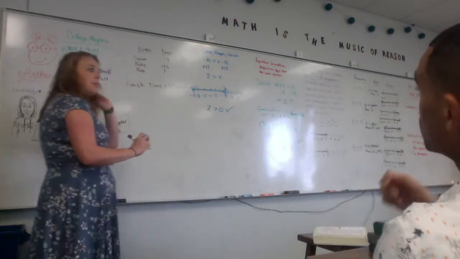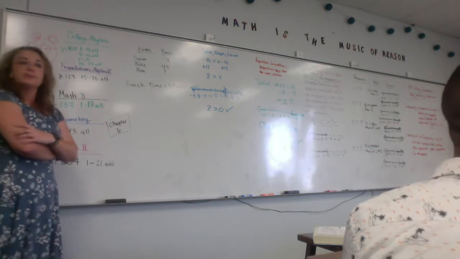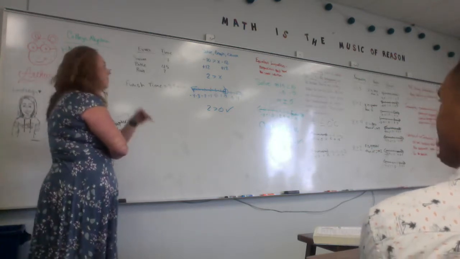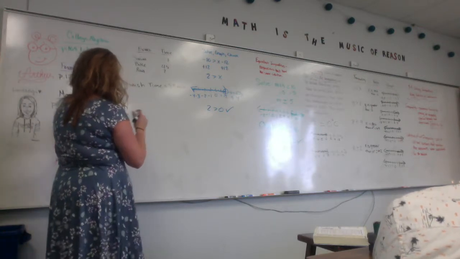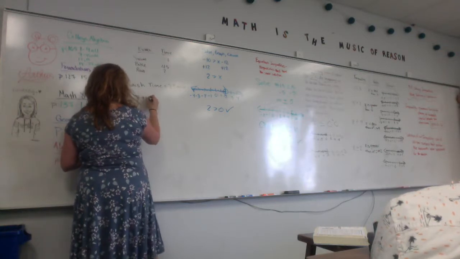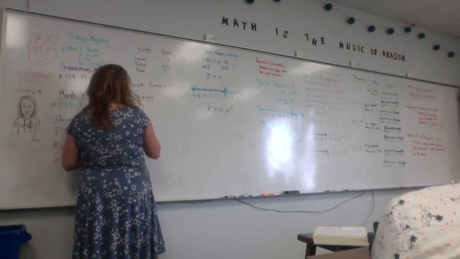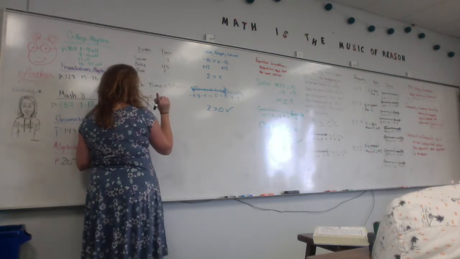Create an inequality. Okay, Jacob, what? 17 plus 45. 17 plus 45 is greater than, less than what? It's less than.